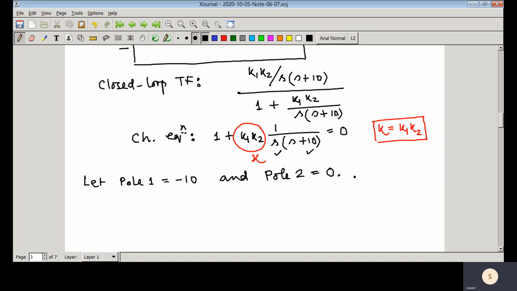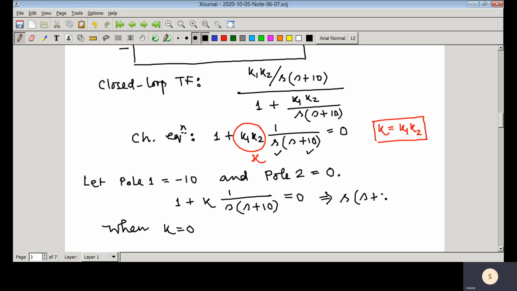So two open loop poles are there. Now interestingly we can see that whenever the characteristic equation is 1 plus k by s plus 10 equal to 0, when k equal to 0, what is that situation? We can write this characteristic equation in this form, that s into s plus 10 plus k equal to 0.